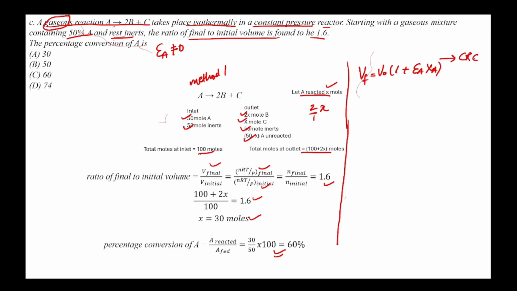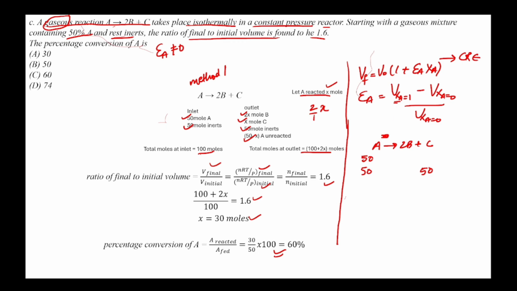The expansion factor is equal to volume at complete conversion minus volume at zero conversion, upon volume at zero conversion. Suppose A gives 2B plus C. So A is 50, inert is 50. So inert will remain the same, 50.